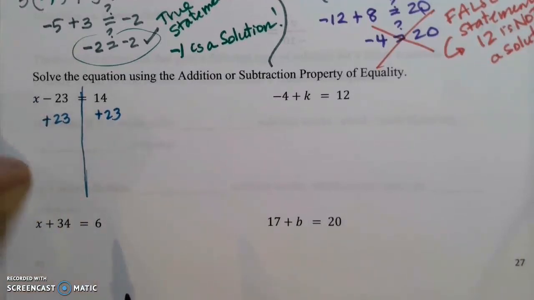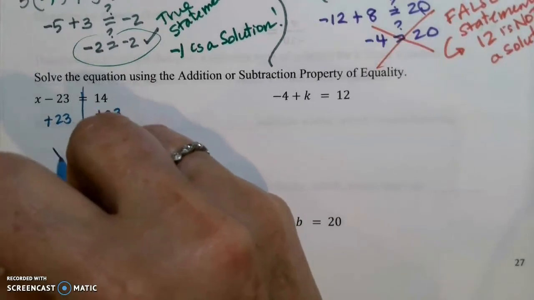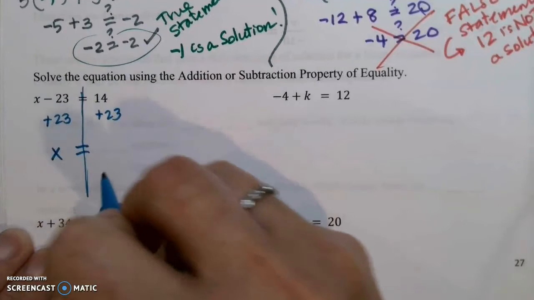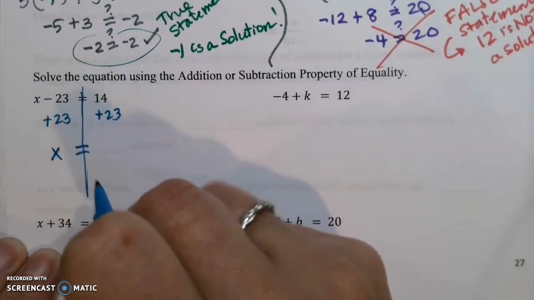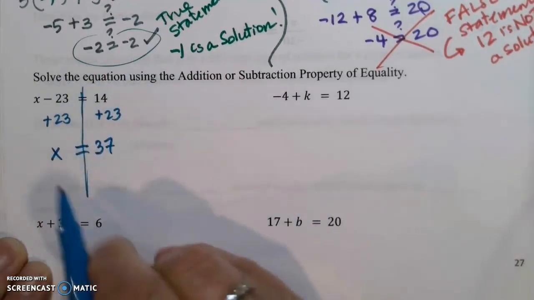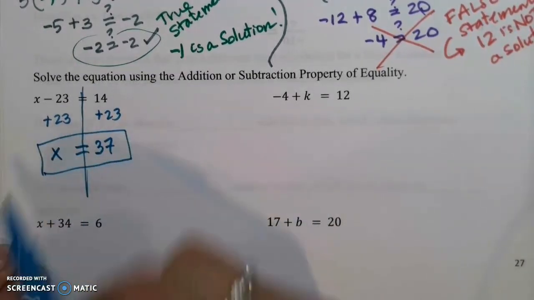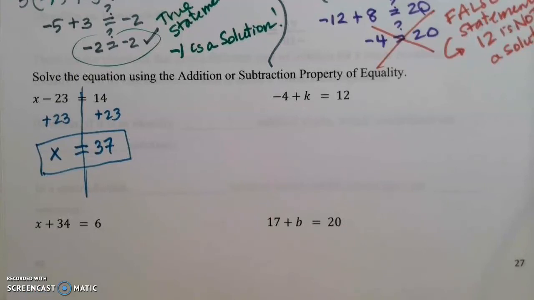Over here on the left, then, I'm going to have just x, because the 23 and -23 will become 0. x equals, and then I add these and get 37. There's nothing else that has been done to x, so that would be my final solution. x is 37.